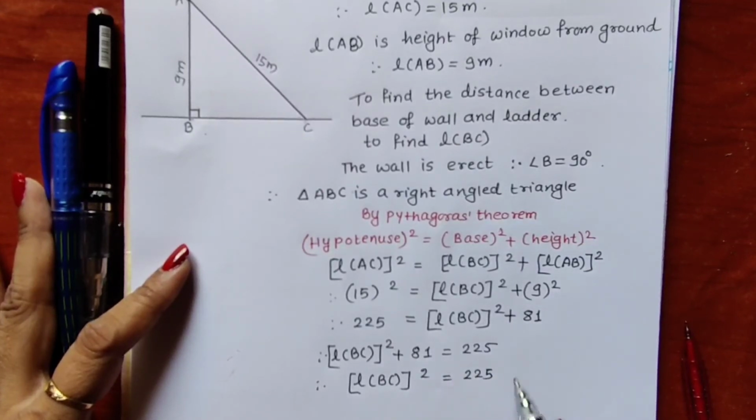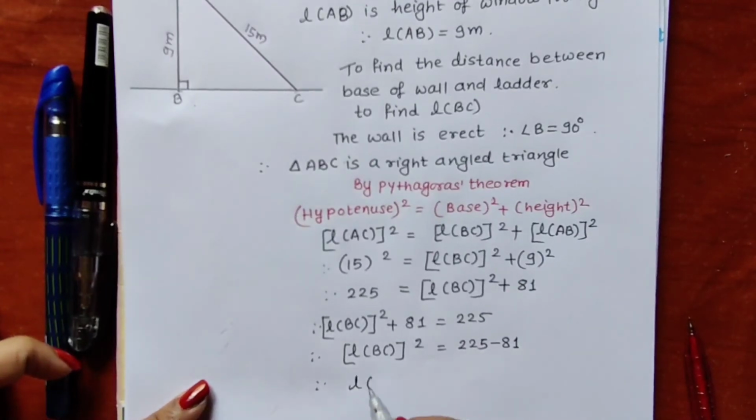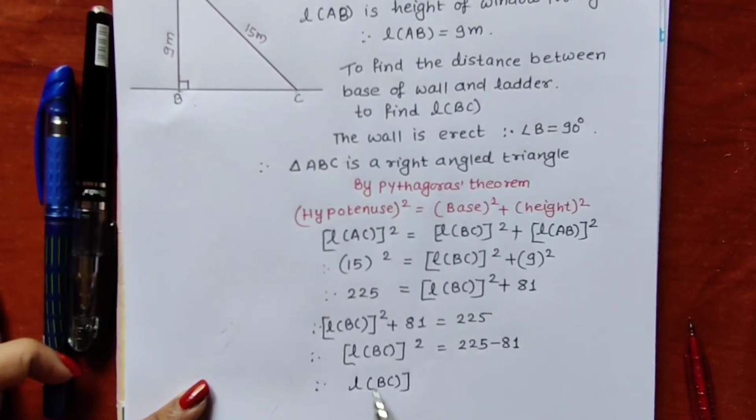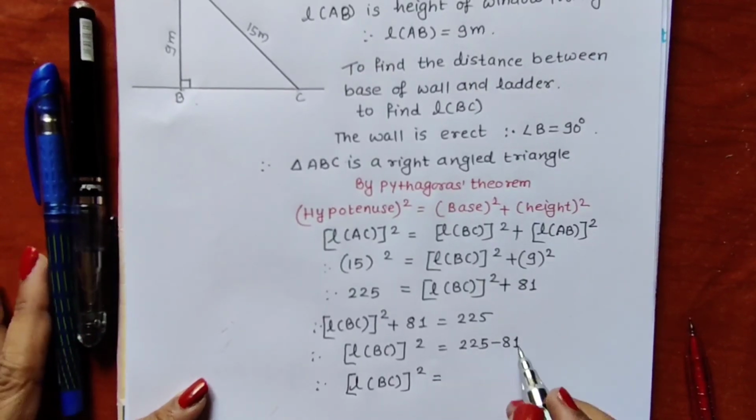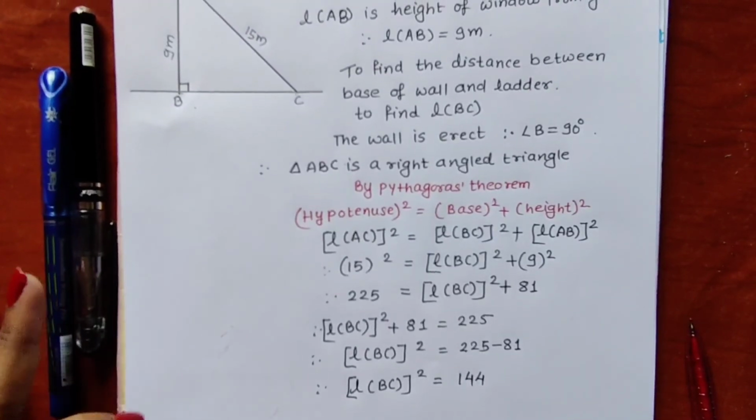Only plus 81 we are going to transfer, it becomes minus 81. Therefore length BC square is equal to 225 minus 81, 5 minus 1 is 4, and 22 minus 8 is 14, so BC square we are getting 144.